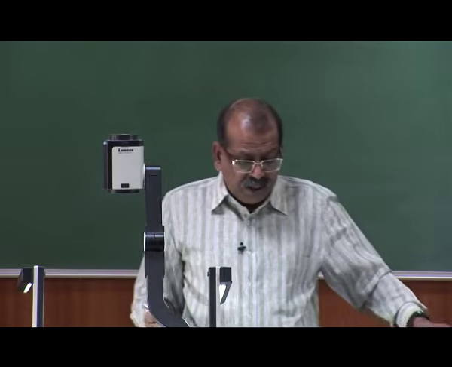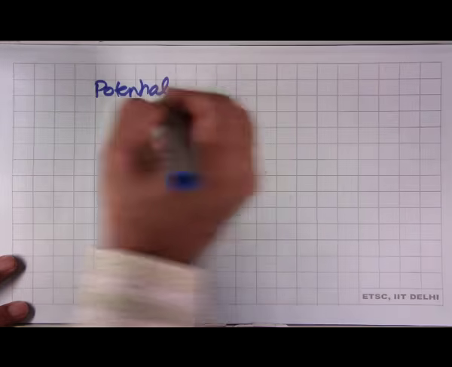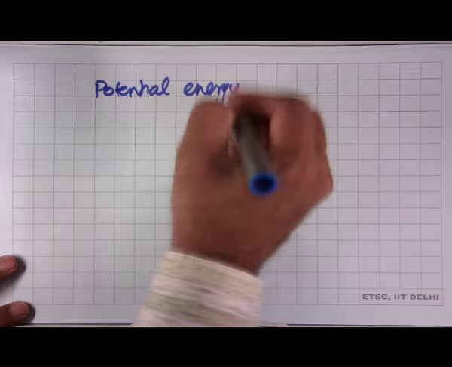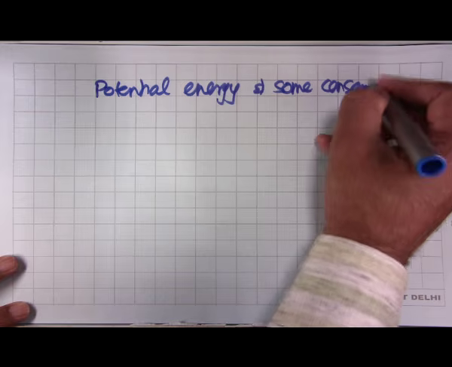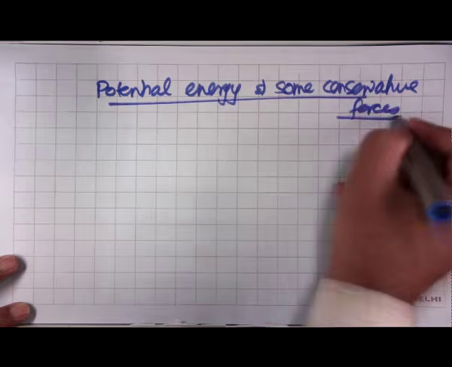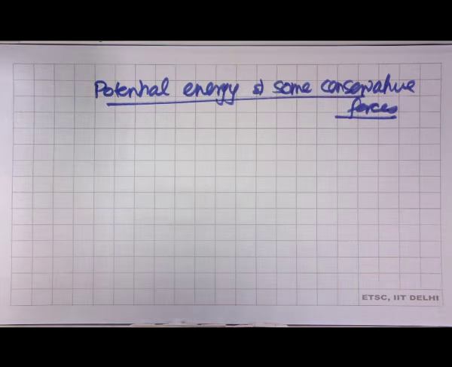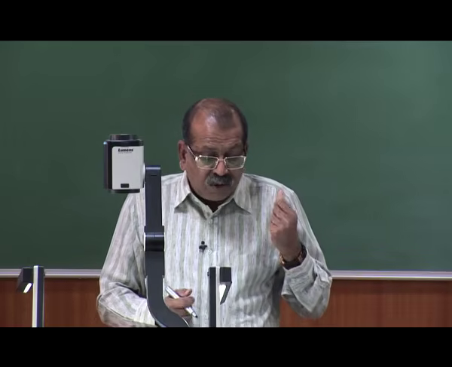Now let us look at the potential energy and some conservative forces. These are the typical conservative forces which will come in our problems when we solve, which are common to day to day life.